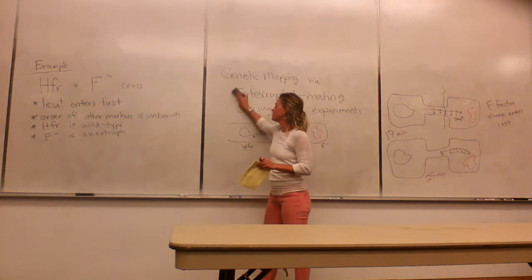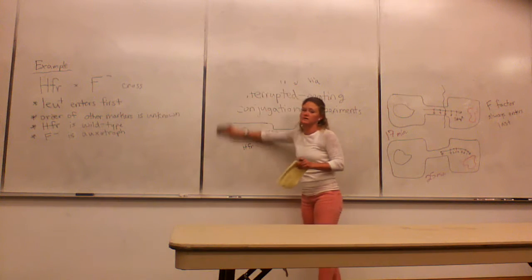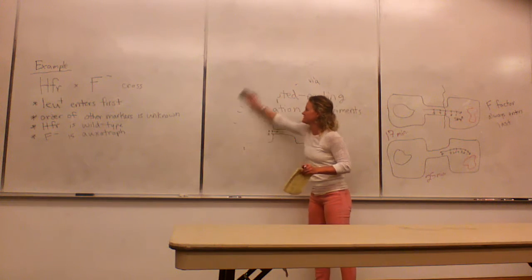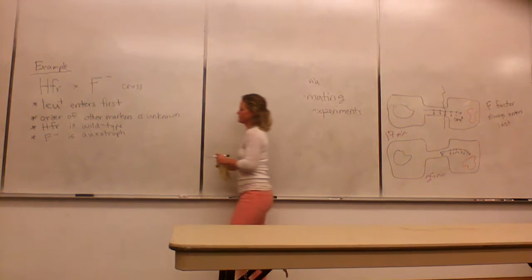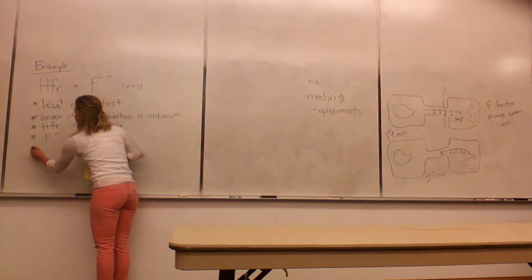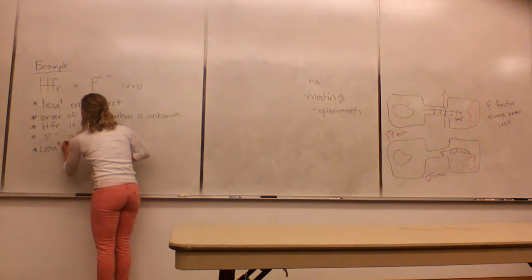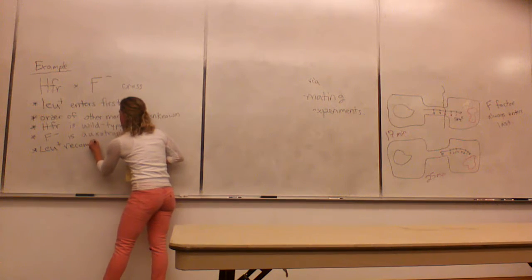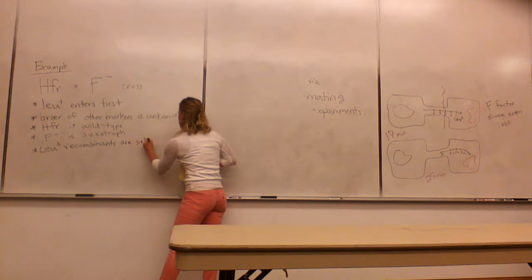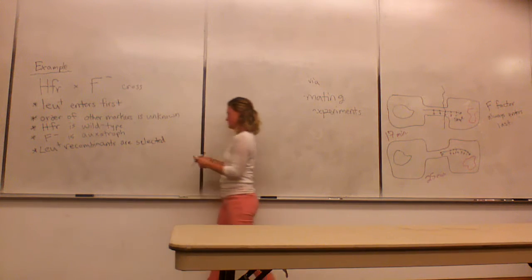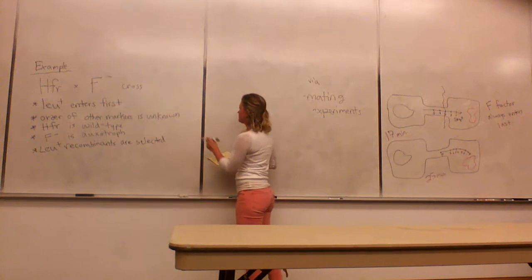So then what's done is Leu plus recombinants are selected. So, Leu plus recombinants. And you end up with the following numbers.